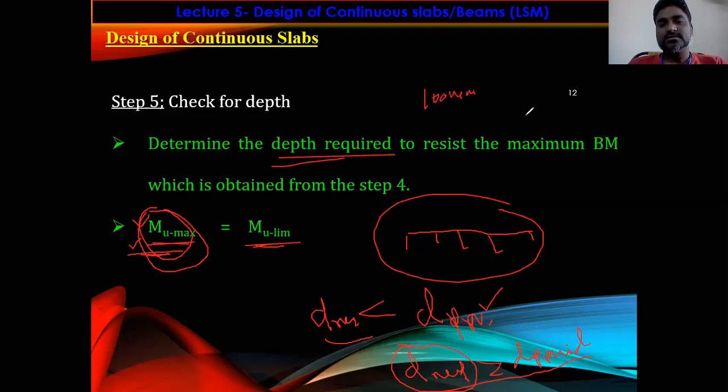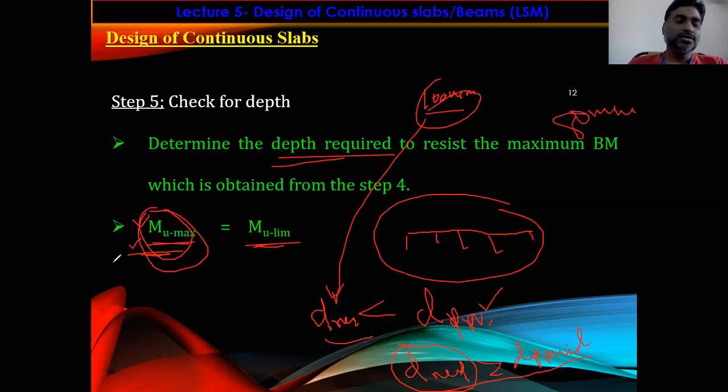This is called D required, right? But I have provided only 80 mm. So what will happen? Due to the maximum bending moment, you are providing 80 mm, that means the slab will fail, right? So that is why you need to redesign your slab by increasing the depth of the slab, right?